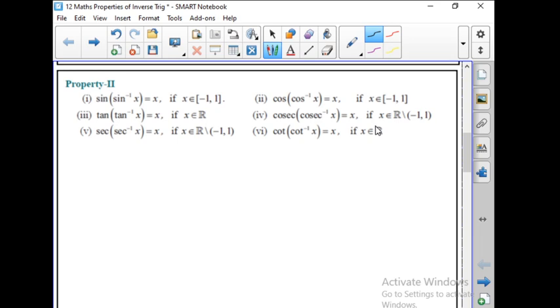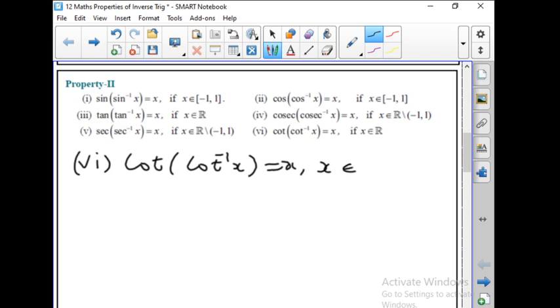Cot of cot inverse of x is equal to x. Here also the proof for the first one is given. So I will prove the sixth one. The sixth subdivision is cot of cot inverse of x is equal to x if x belongs to R. R is the set of all real numbers. So we will prove this now.